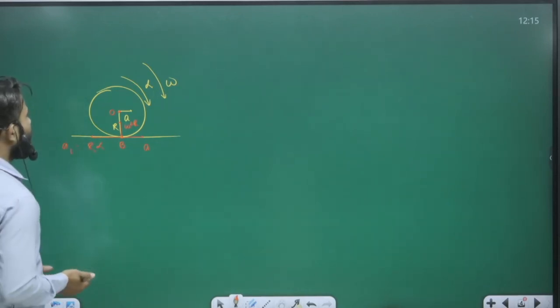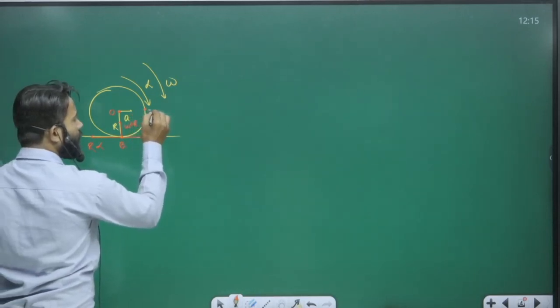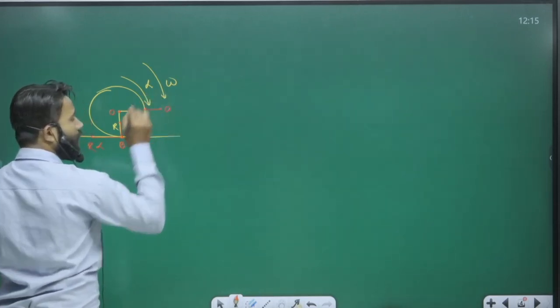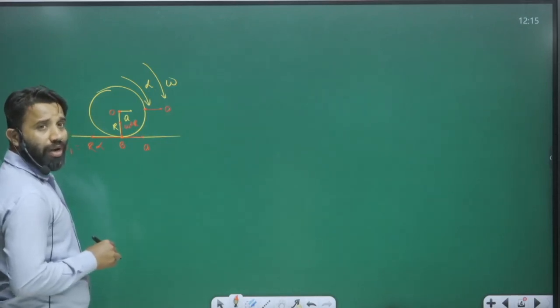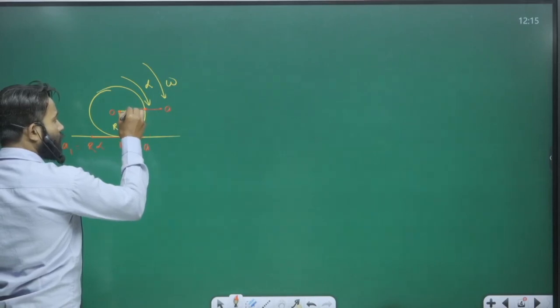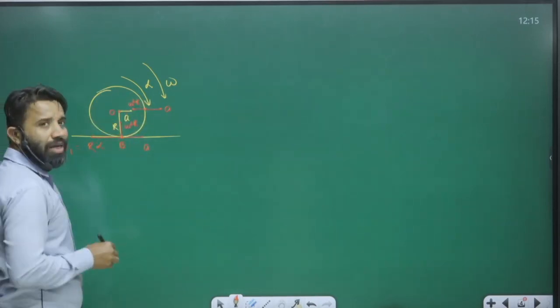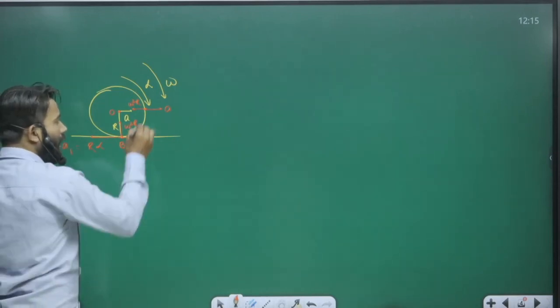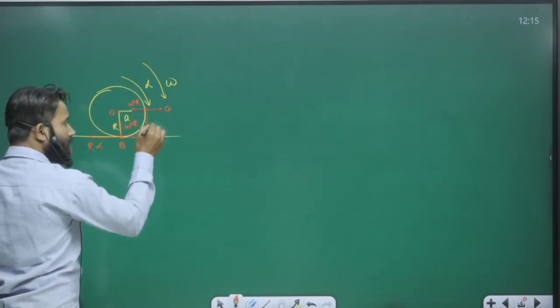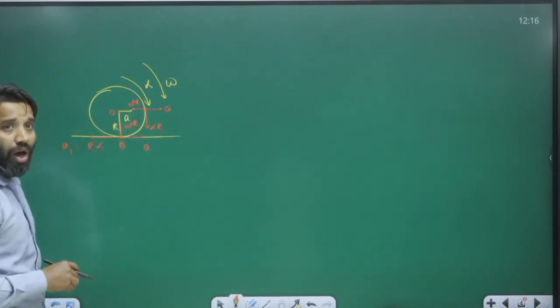In the same way, we can represent the acceleration of all the points. If we draw the acceleration of this point, you will find this point has acceleration in the forward direction a. Due to centripetal acceleration, it will have a component in this direction, that is omega square r, and acceleration in the tangential direction, and that will be r alpha or alpha into r.